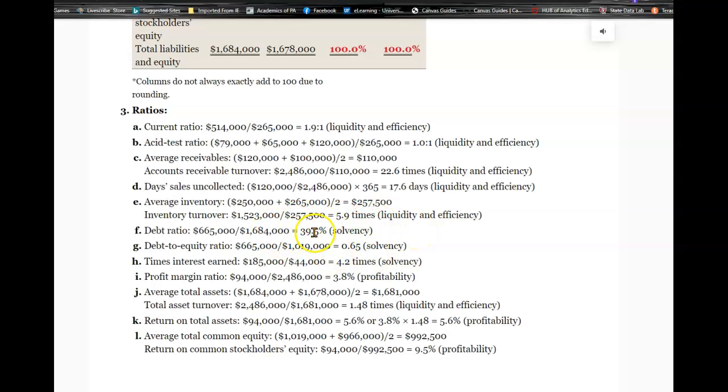Again, what does it mean? You're going to want to track this over time, and you're going to want to compare it to the industry or to individual competitors to see how you're doing relative to them. You don't want to be so out of line, and you want it to be consistent with whatever business strategy you've chosen. If you're in an expansion mode and you need cash, you may be taking on some debt.